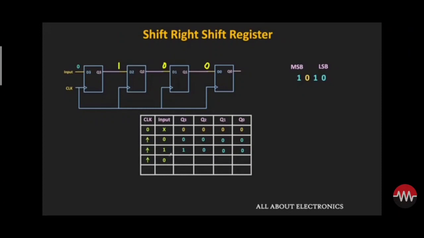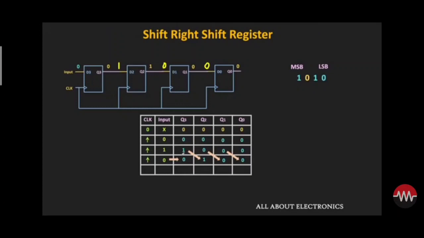That means now the output of this D3 will become 0. And similarly, the outputs of this D2, D1 and D0 will become 1, 0 and 0. And whatever data was stored in this D0 will get discarded. That means after the third clock edge, this will be the data inside the shift register.